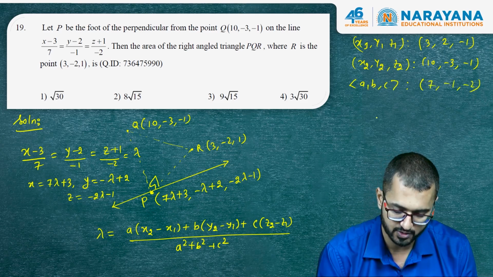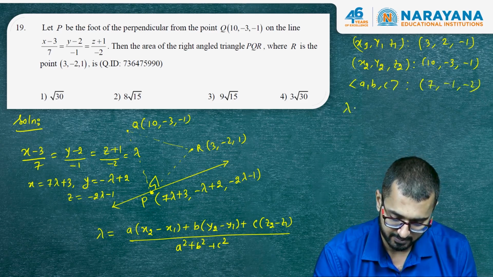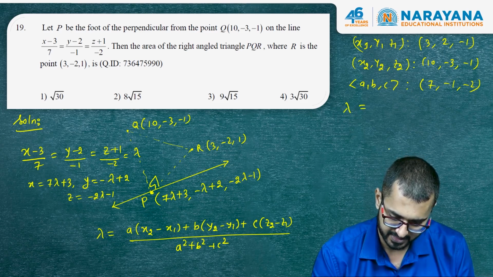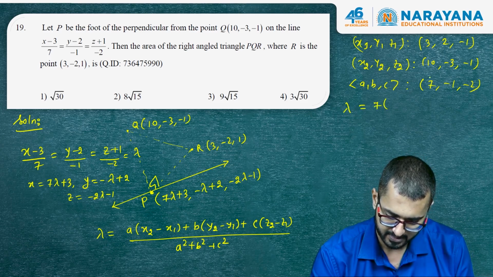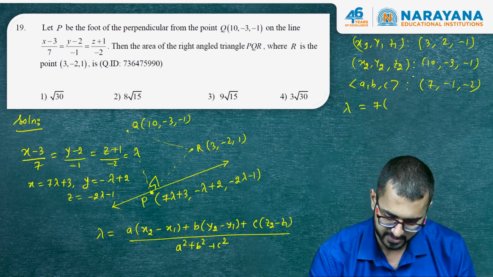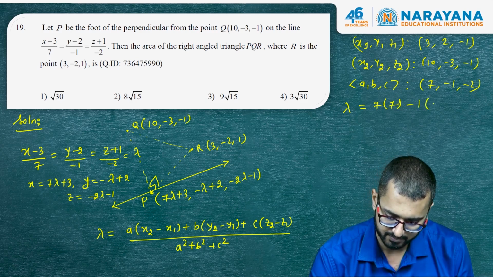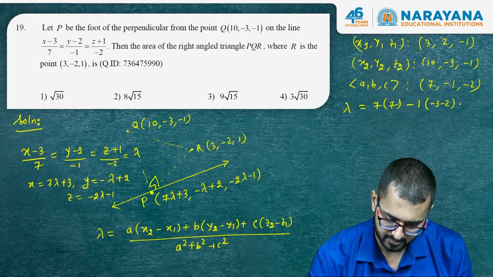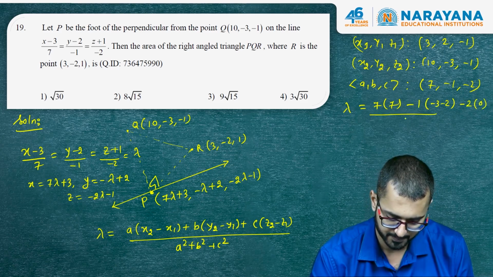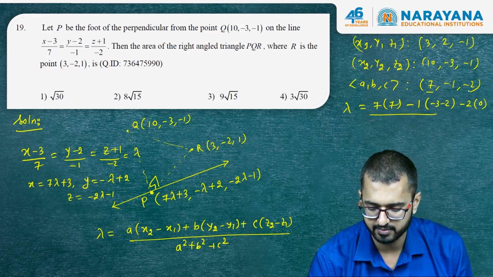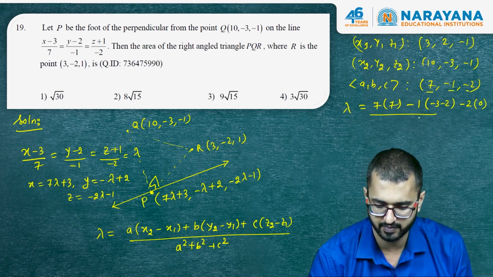So let's plug in all the values to get lambda. From here I'll be getting lambda equal to a, which is 7, times x2 minus x1, which is again 7. Then plus b, which is minus 1, into minus 3 minus 2. And then c is minus 2 times 0. Over a square, 49, plus 1 plus 4, that is 54.